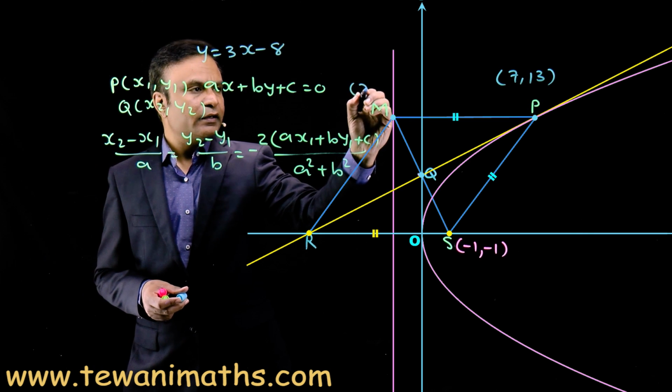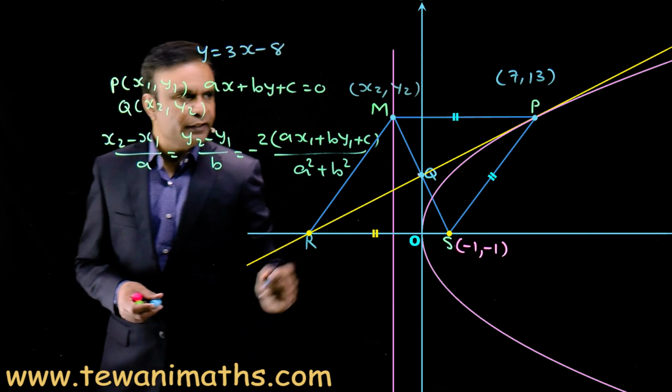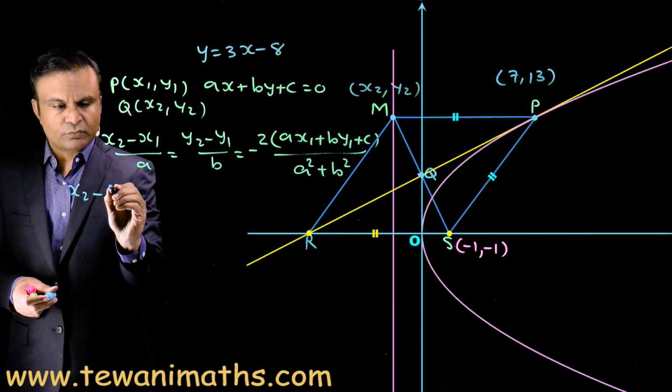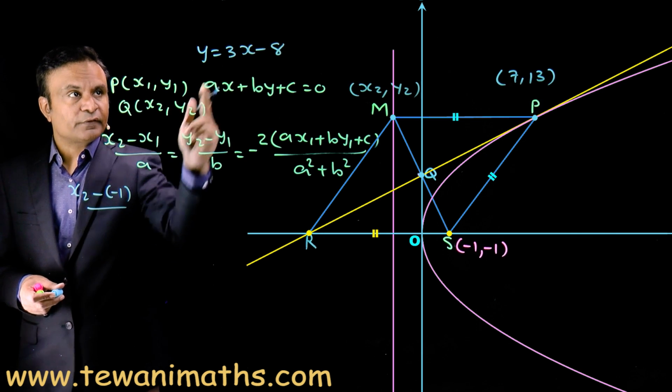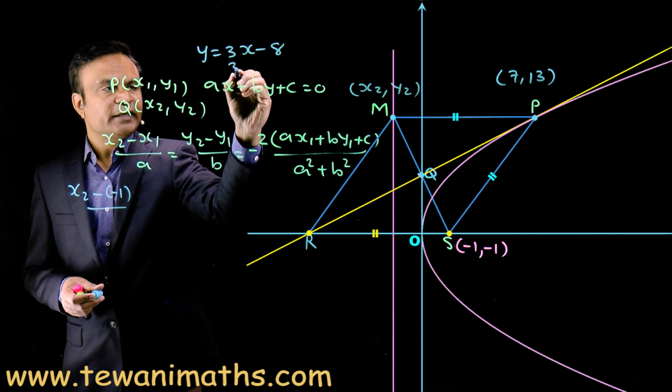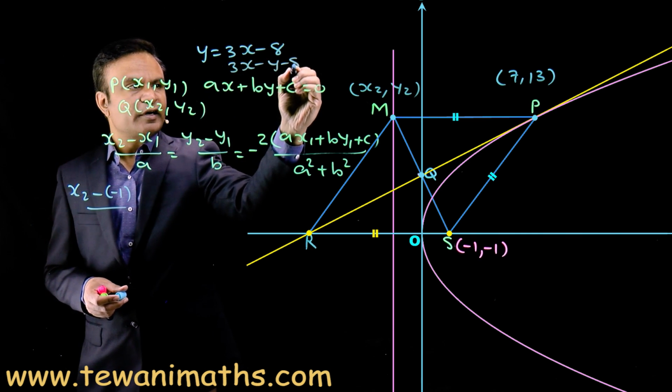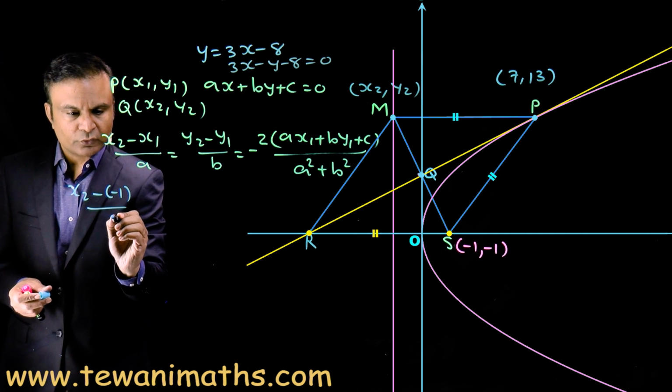Suppose the coordinates are (x2, y2). So we have (x2 - (-1))/a, where a is the coefficient of x in this line. Let me write this line in standard form: 3x - y - 8 = 0. So the value of a is 3.